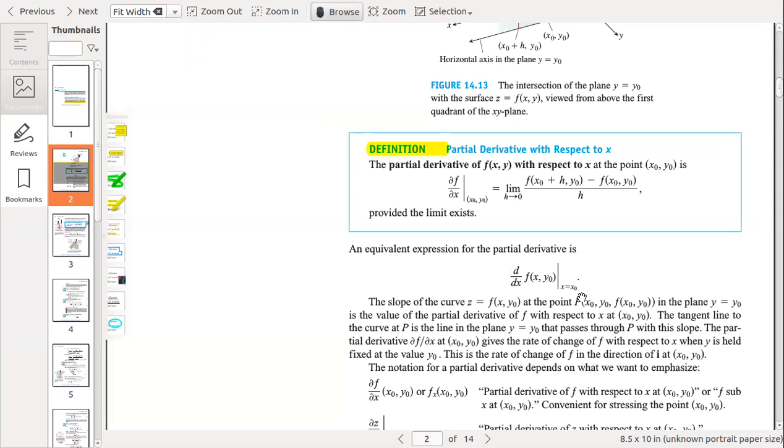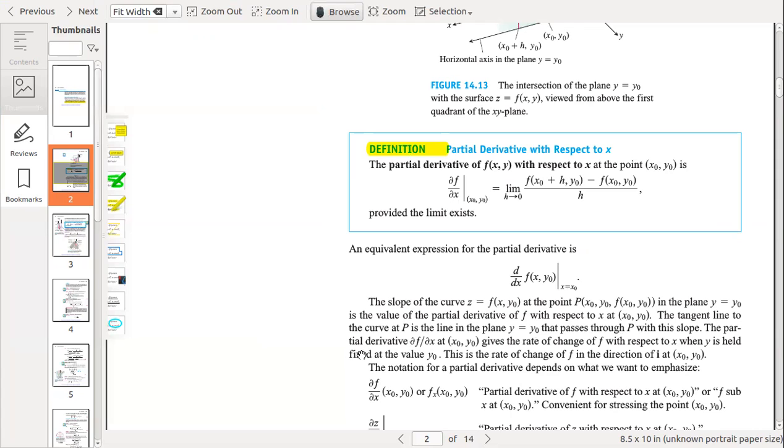Here we have mentioned that x is equal to x naught, but if you write partial f over partial x, it is not necessary to mention that x is equal to x naught. The slope of the curve f of x, y naught at the point P, x naught, y naught, f of x naught, y naught in the plane y equal to y naught is the value of the partial derivative of f with respect to x at x naught, y naught.